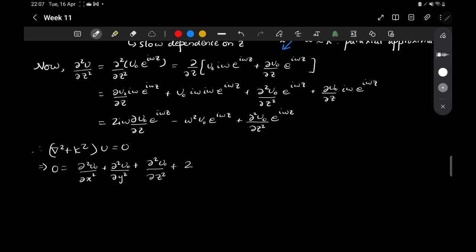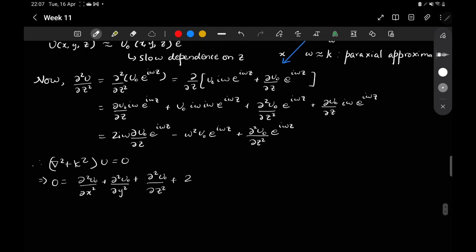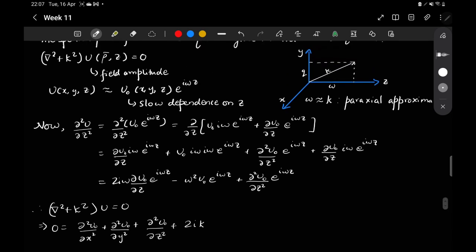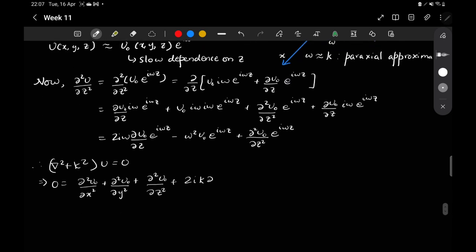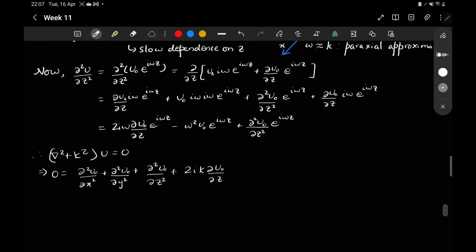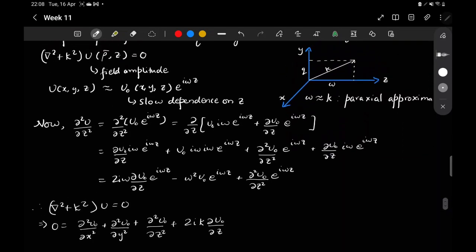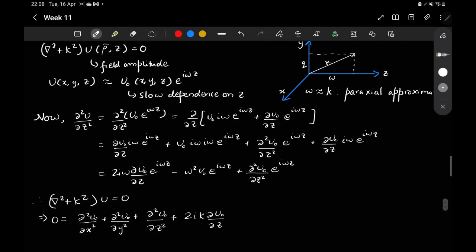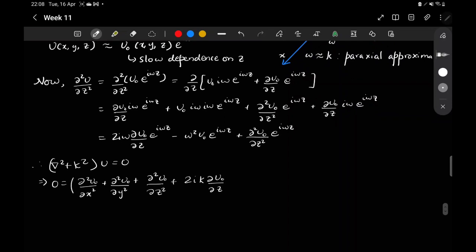Then we have this term over here. And omega we are replacing with k. And minus omega squared, which is minus k squared, plus k squared, that term cancels out, and this gives this.